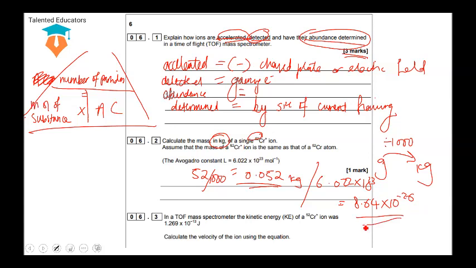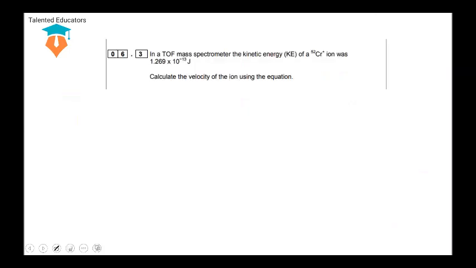We're going to use that for the next part of the question, which is in a time of flight mass spectrometer, the kinetic energy was given as 1.269 joules. Calculate the velocity of the ion using the equation. So let's write down all the stuff we need first. Remember, we're going to rearrange the equation, which was 2KE over m.